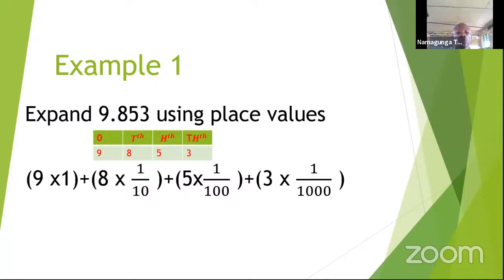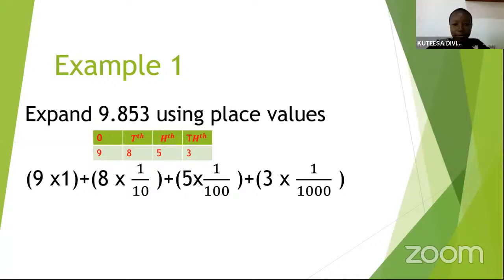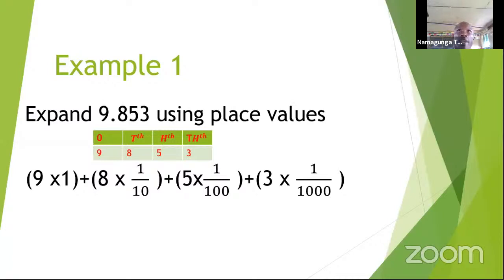So what you have to know is that you can't expand a number without knowing its place value. You have to know the place value of each digit in that given number before you are able to expand it.